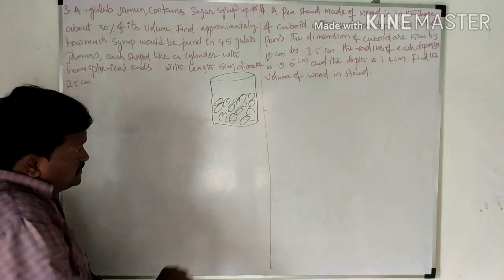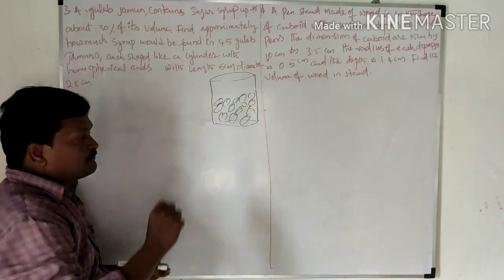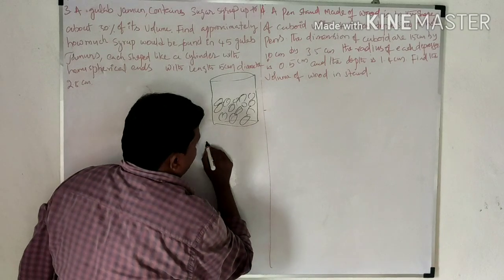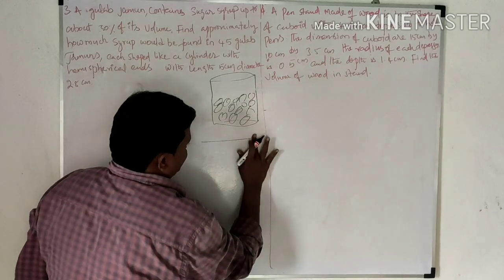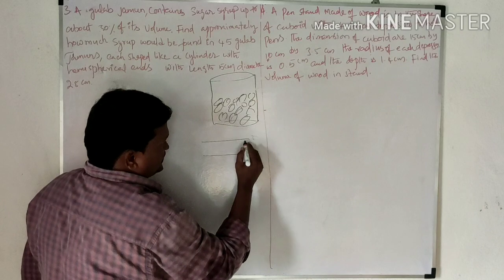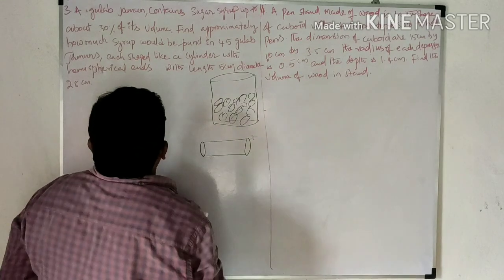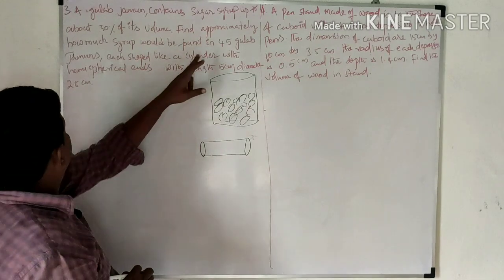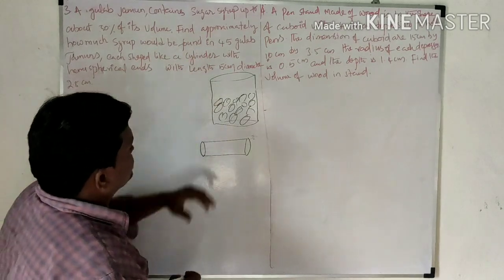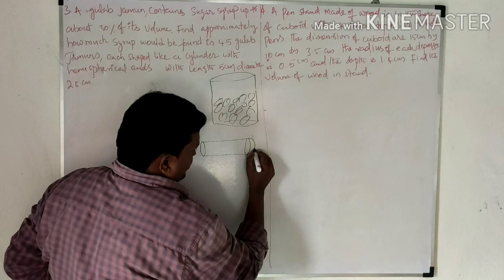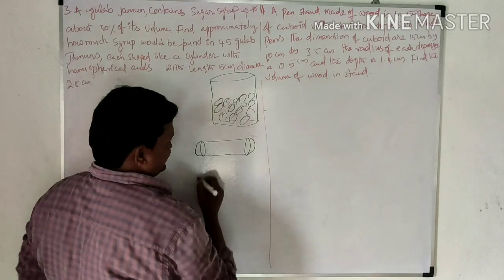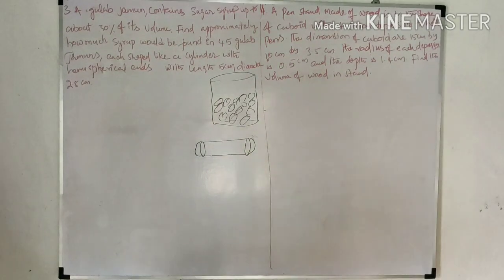So each and every gulab jamun is in the shape of a cylinder with two hemispherical ends, one on each side, like this.